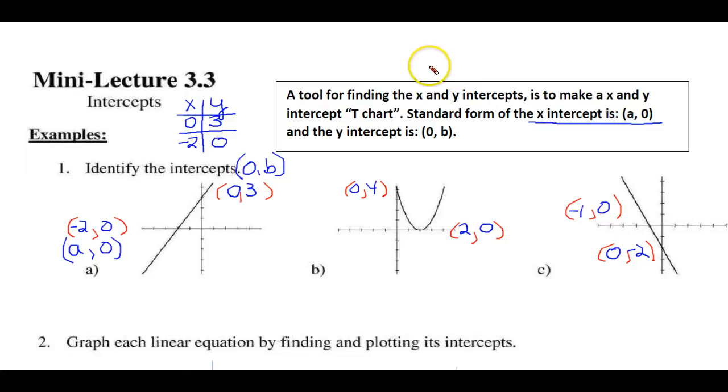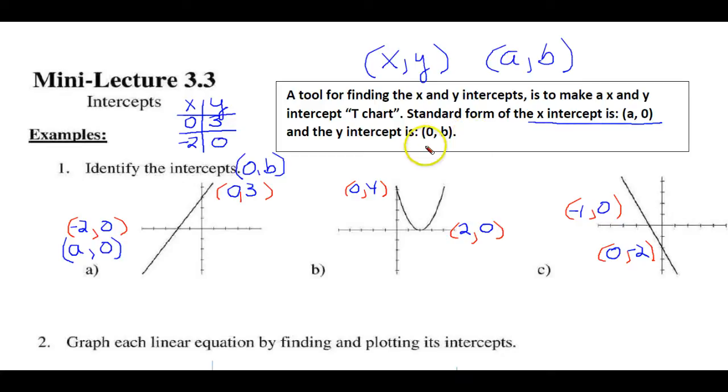I should also mention that when we write the ordered pair x, y, we sometimes use the letters a, comma, b. So the a would refer to the x, and the b would refer to the y. And that's where these come from.